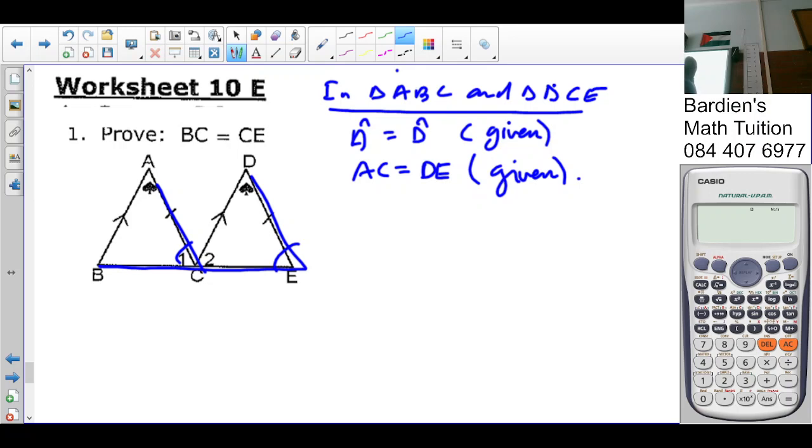So now why couldn't we have said that? Can you say C1 is equal to angle E? That's my question.